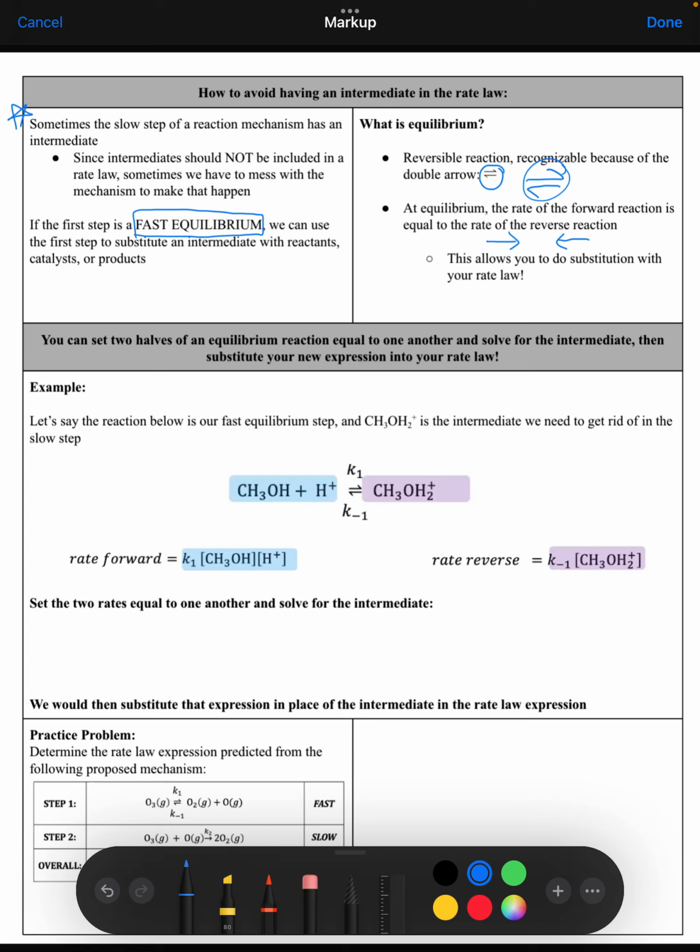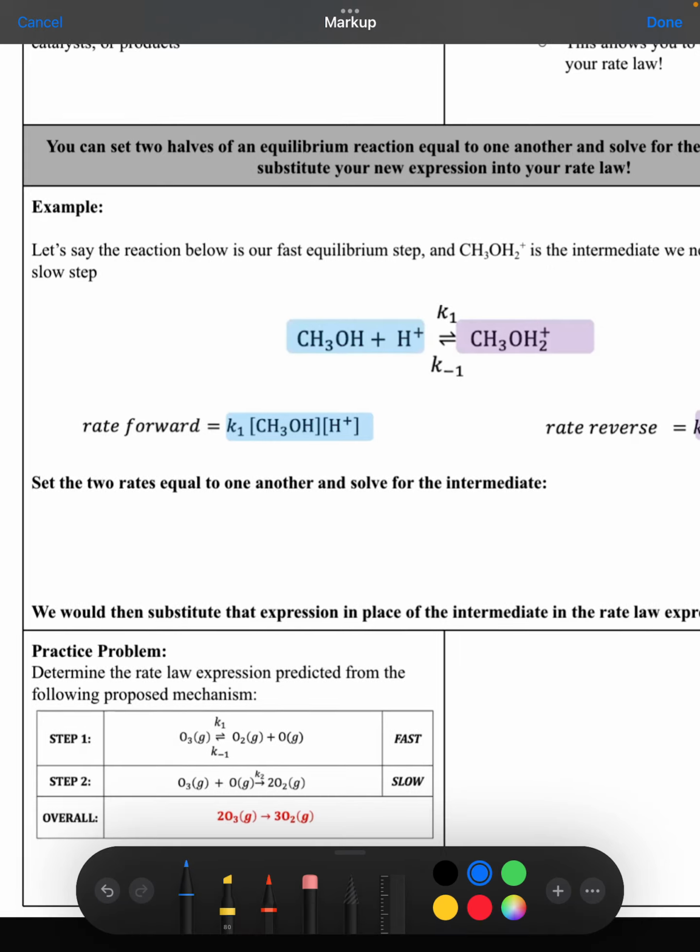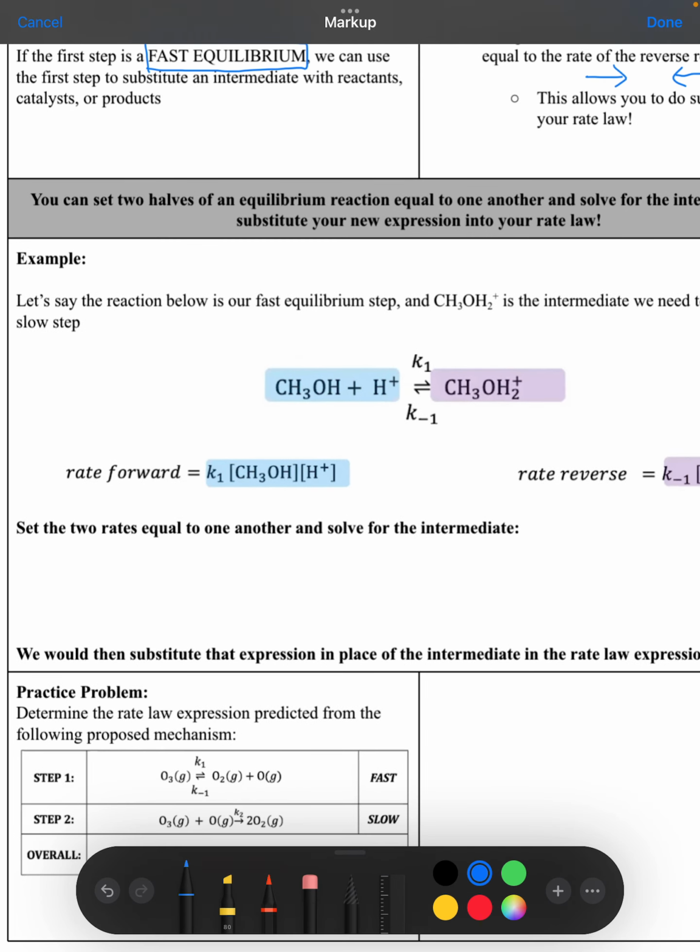So let's pretend for a second down here that this is our fast equilibrium step. And this thing, CH3OH2, is the intermediate that we're seeing in our slow step that we have to get rid of. Now, obviously, the slow step is not shown here, right?